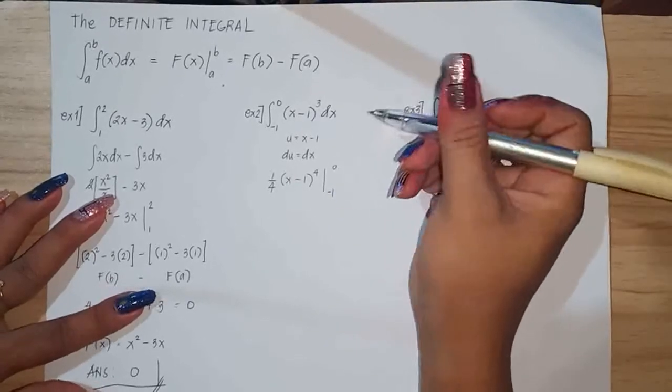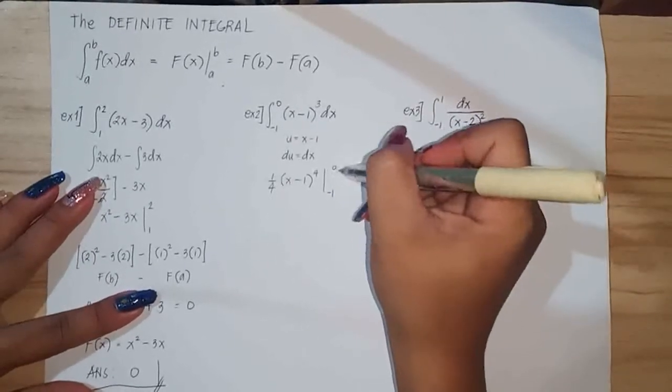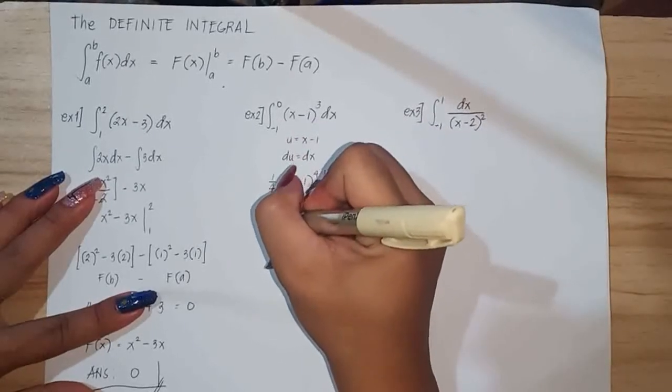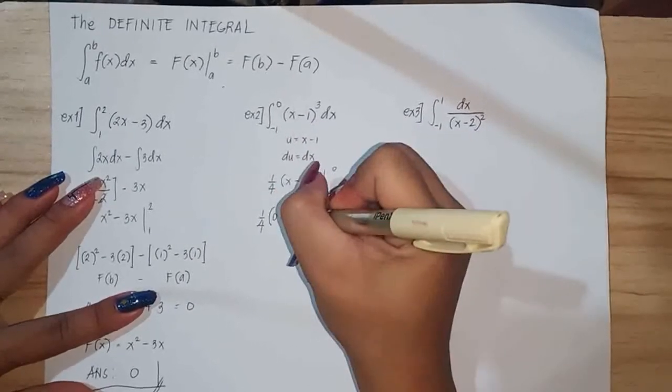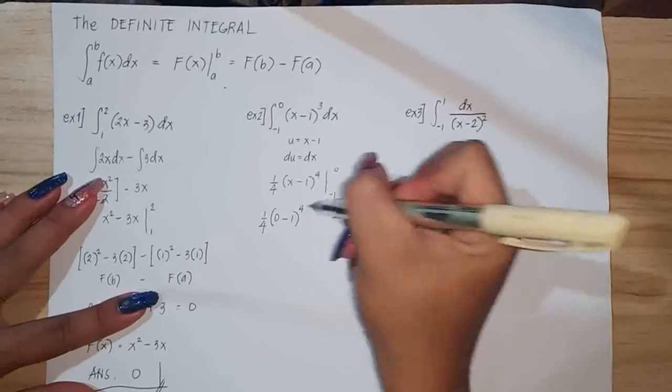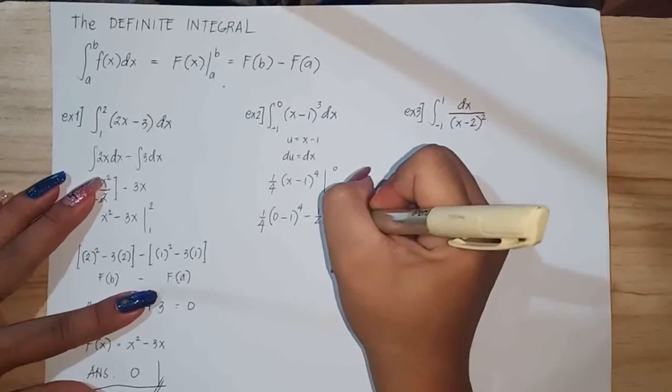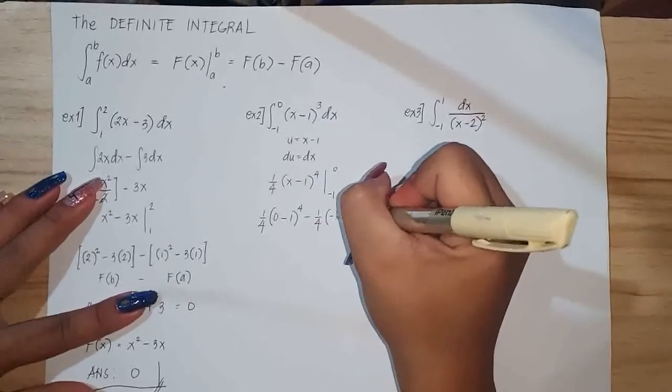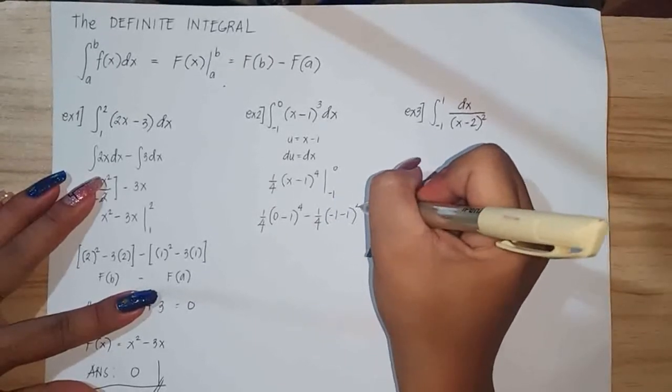So substituting your limits, upper limit first, that is 1/4 of 0 minus 1 raised to 4, minus 1/4 of -1 minus 1 raised to 4.